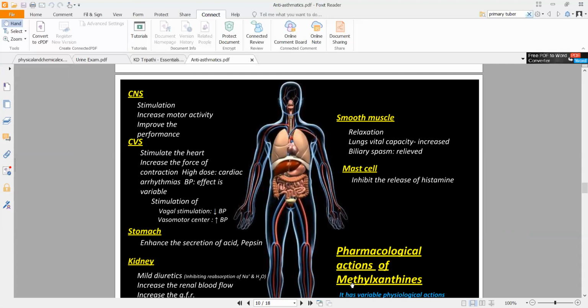Because this will in turn cause increase in force of contraction. If the patient already has hypertension and you're giving methylxanthines, that is increasing force of contraction even more. That will lead to more problems. Ultimately the tissue of your heart will get damaged and you might end up having congestive cardiac failure. You better avoid these drugs in those patients.